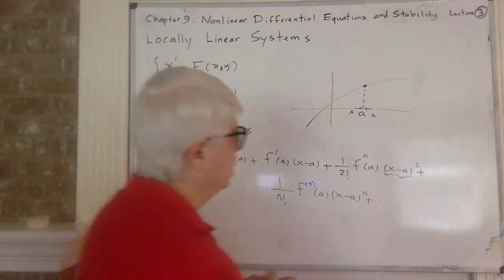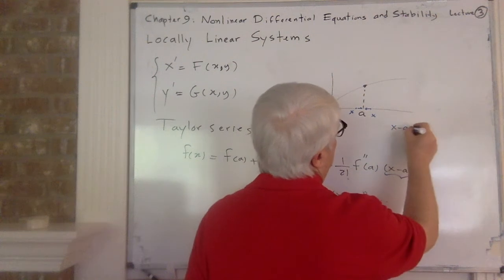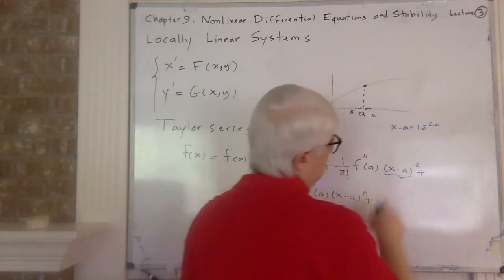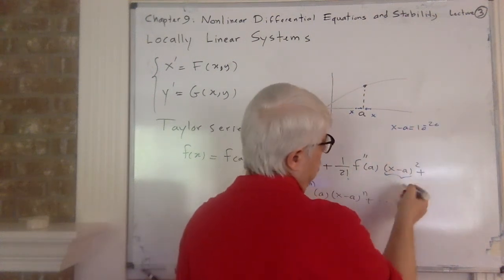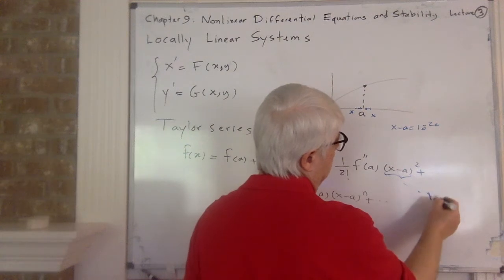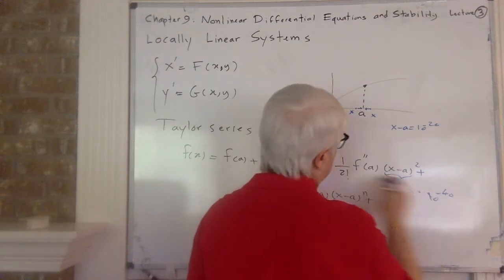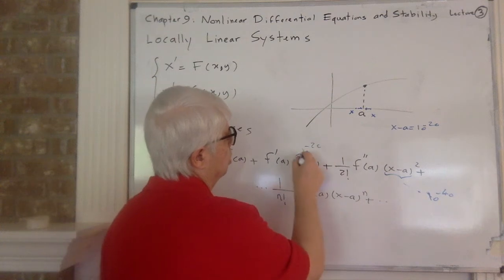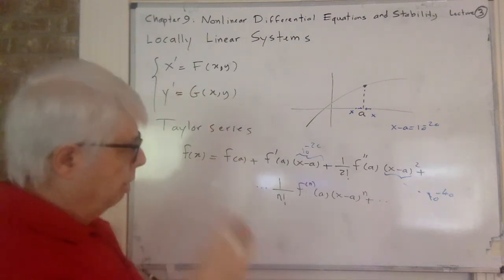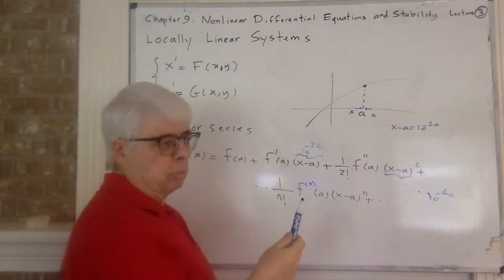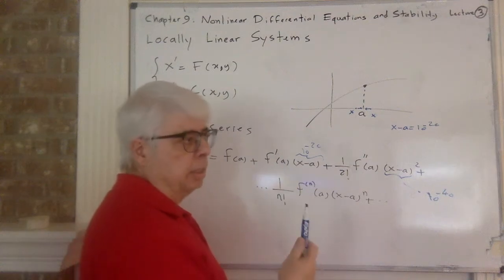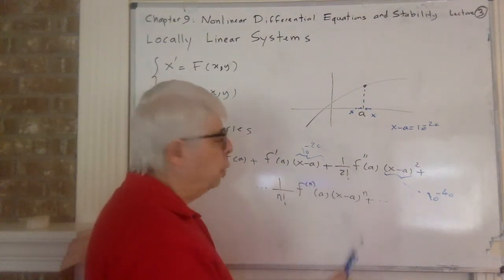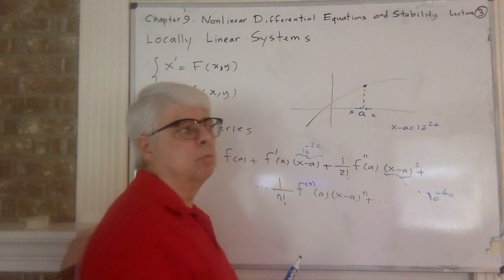So if x minus a is 10 to the power negative 20, then this will be just this one, and this will be 10 to the power negative 40. But this one is still 10 to the power negative 20, so this is 1 over 1 with 20 zeros, and this one is 1 over 1 with 40 zeros.